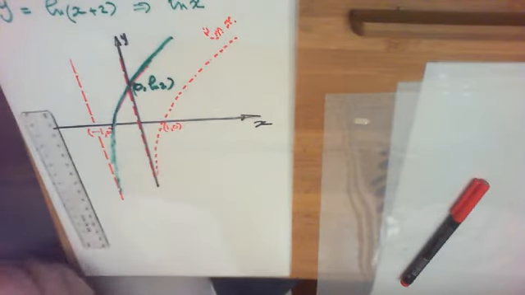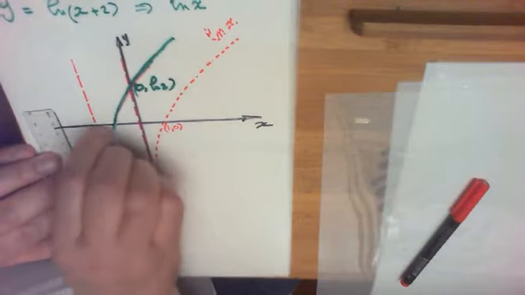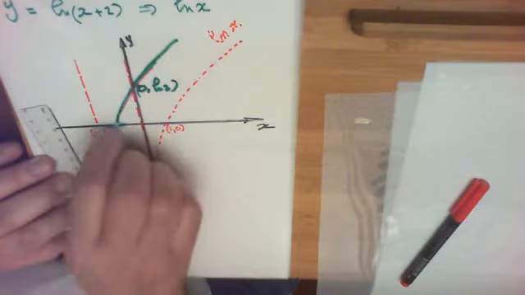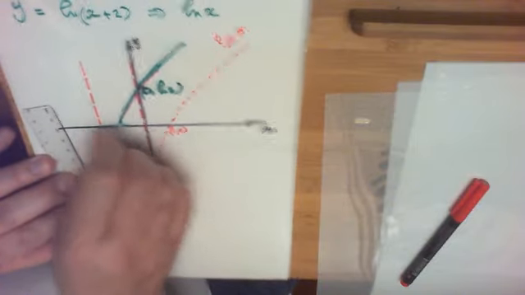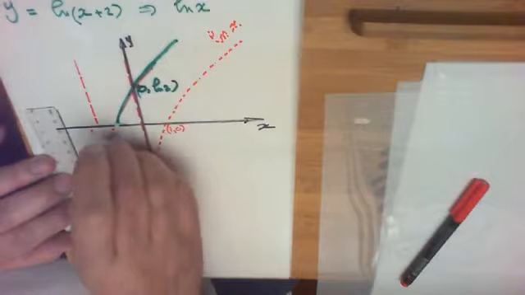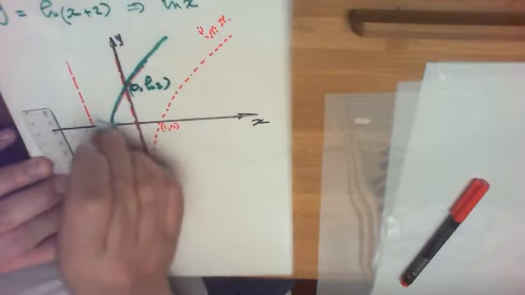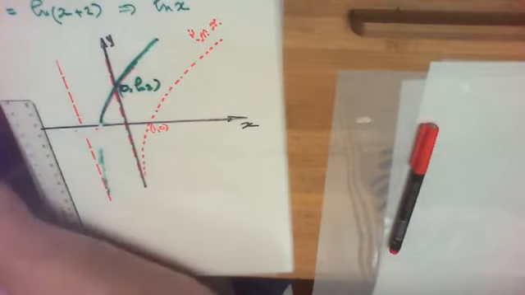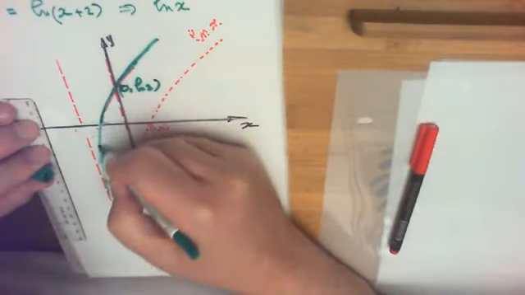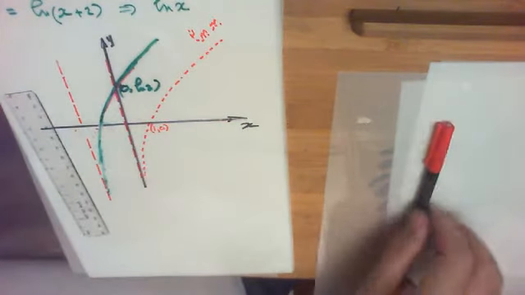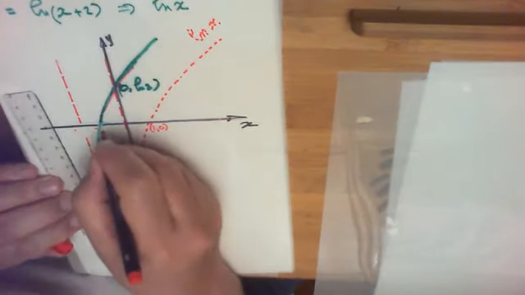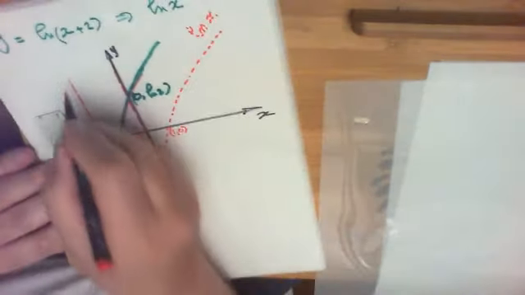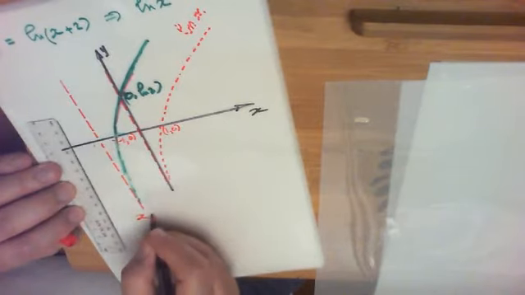So the curve is like this. This point is (-1, 0), and this line is x equals minus 2.